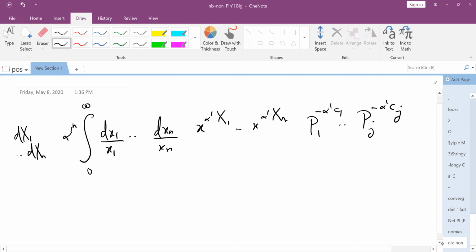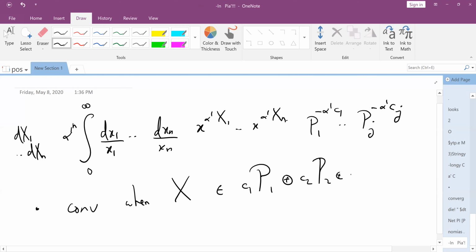Then the answer is that this is equal to the canonical form. So it converges when x is inside c1 P1, Minkowski sum, c2 P2, Minkowski sum, all the way, Minkowski sum, cj Pj.